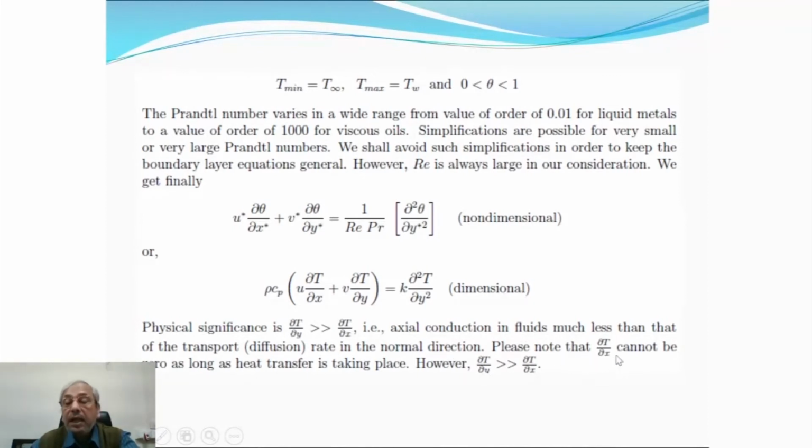Please note that del T del x cannot be 0, because if heat transfer is taking place, del T del x will change as long as heat transfer is taking place. However, del T del y is much greater than del T del x.